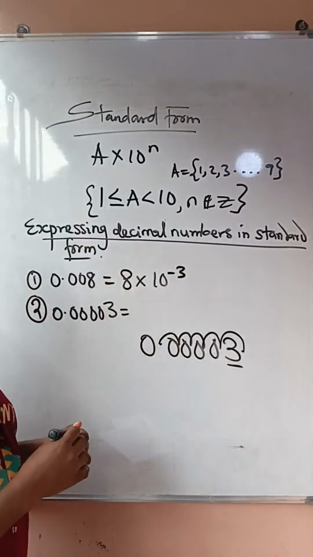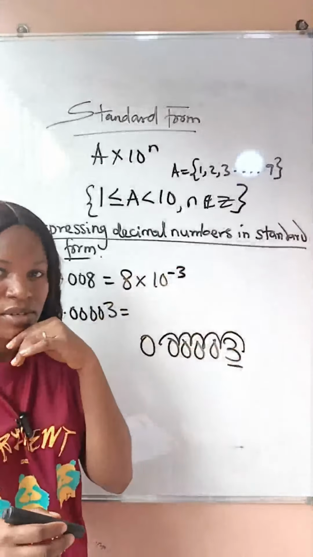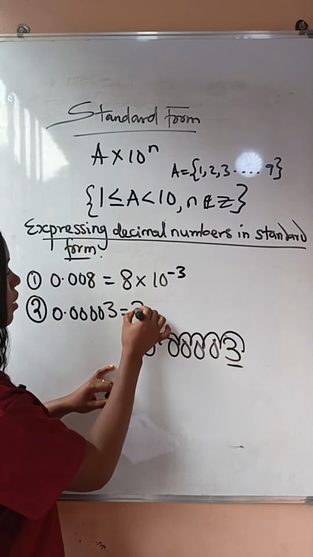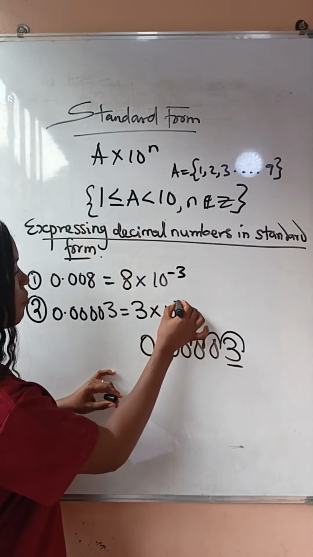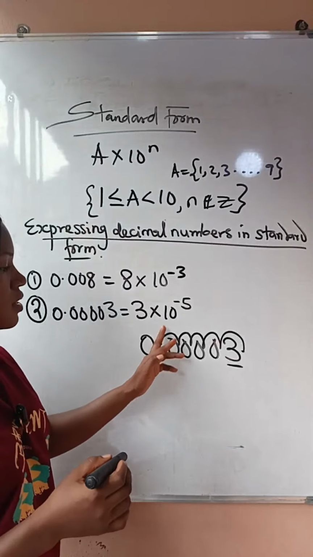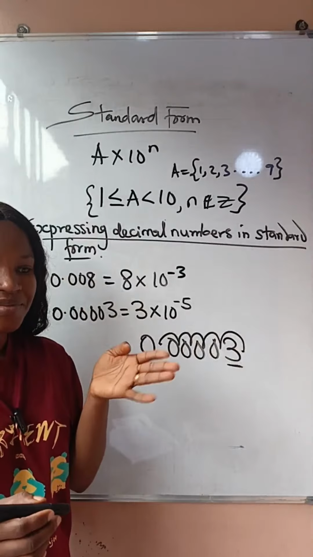To get to our A, we shifted this decimal point to the right 5 times. So this 3 is our A times 10 to the power of -5. It is negative because we shifted this decimal point to the right 5 times. Hope that is clear.